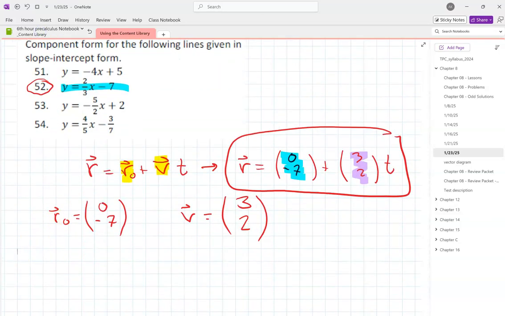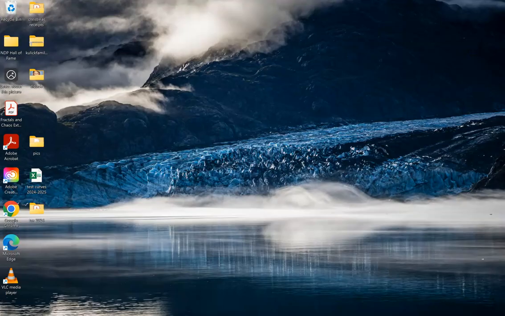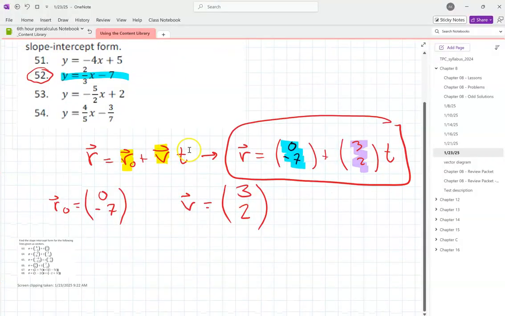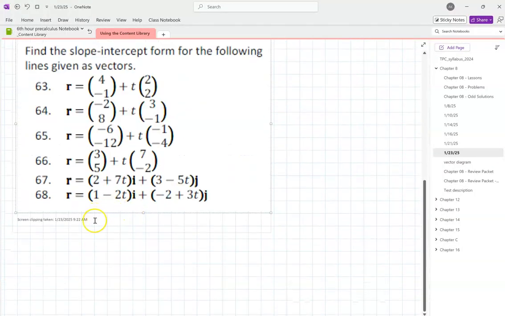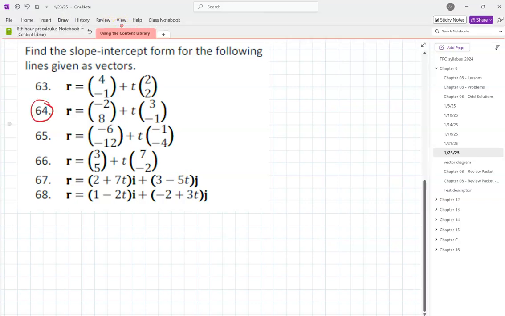64. Yeah. Let's look at it. So this is going back the opposite direction. Here we're starting with the vector equation for the line, and we want to end up at the slope-intercept equation.